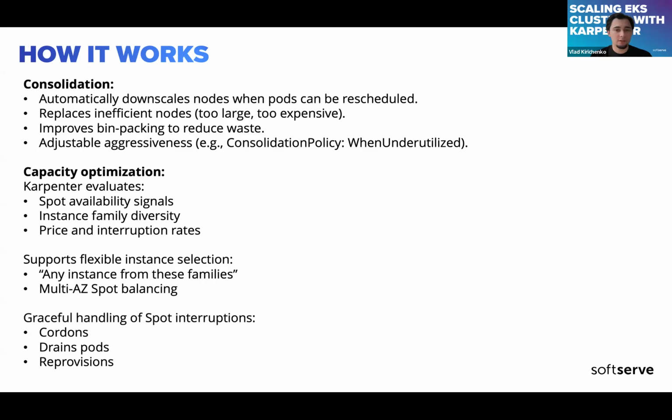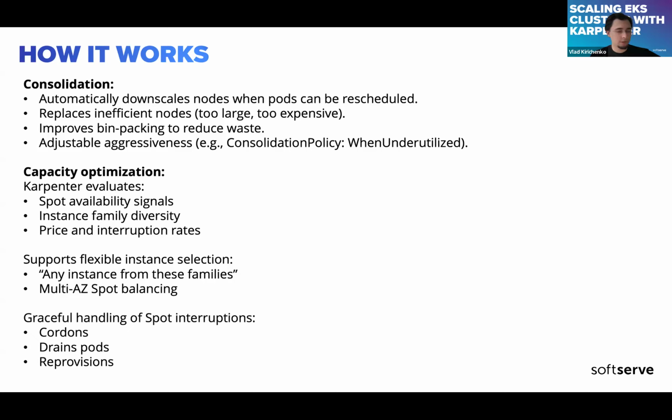For capacity optimization, the Karpenter decision engine doesn't simply pick an available instance that can be provisioned. It evaluates many signals like spot availability. It takes real-time data from the region.